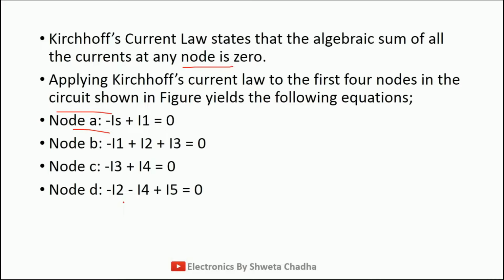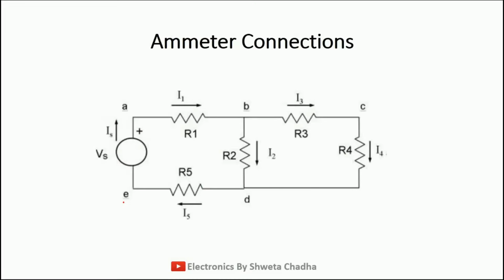Where I1, I2, I3, I4 and I5 are the currents flowing through R1, R2, R3, R4 and R5 respectively, and IS is the total current which is flowing in our circuit and which has started flowing from Vs, that is the input voltage supply.